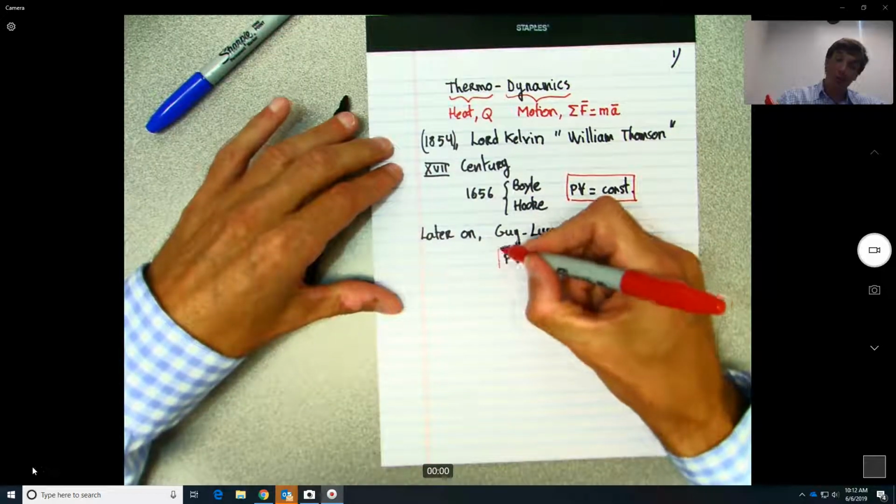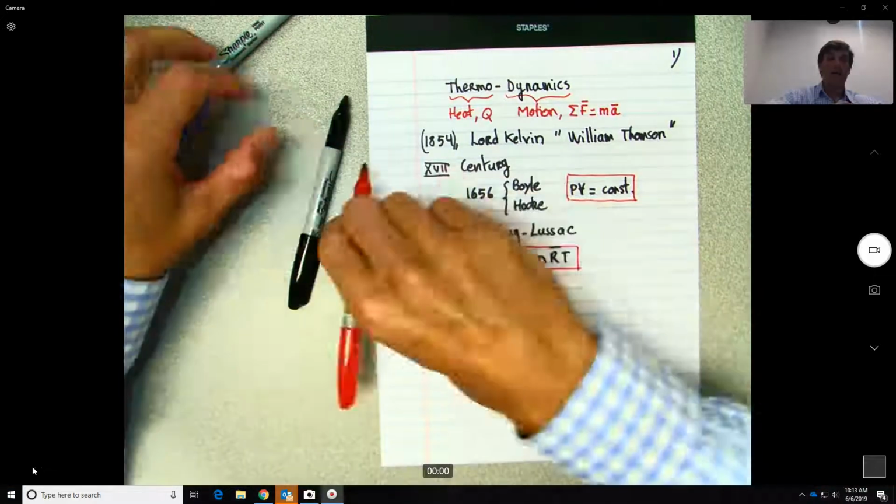And you have probably used this equation in chemistry a lot.